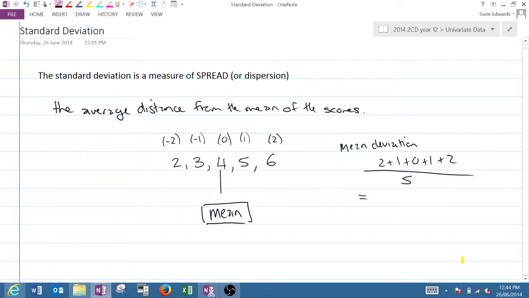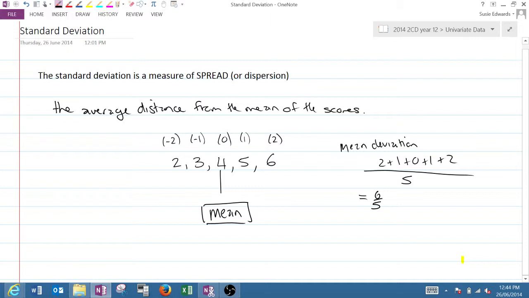So 6 over 5. And we're saying the average distance from the mean of all the points is 1 1/5. So we're averaging the distance from the mean. Does everyone sort of understand that? Each of those points is a certain distance from the mean. We find the mean of those. That's what the mean deviation is.